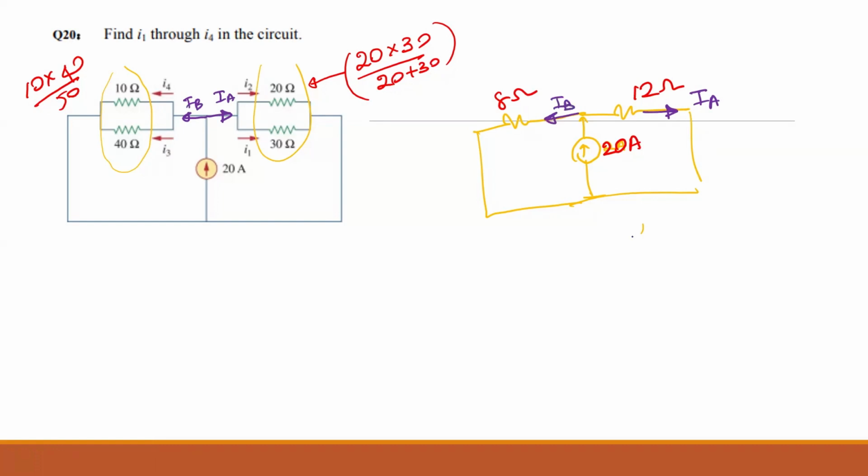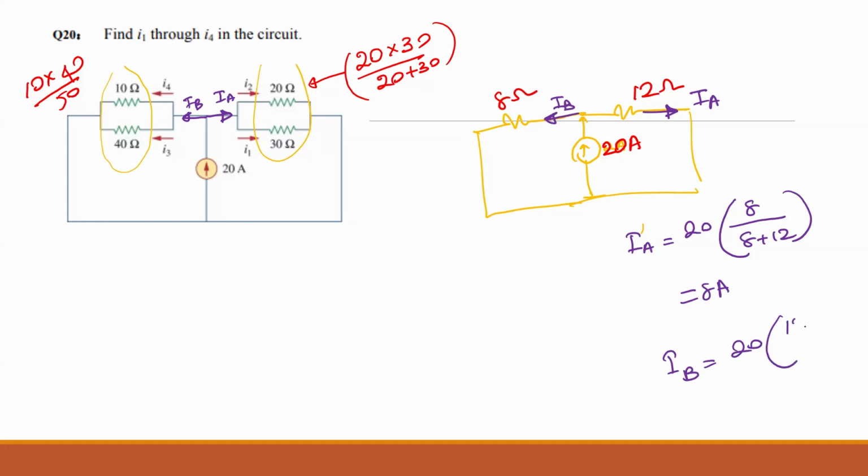If you want to find IA, that will be 20 times opposite resistance, which is 8, divided by 20, 8 plus 12. So this is 8 amps, am I right? If you find IB, that should be 20 times opposite resistance, 8 plus 12, which is equal to 12 amps.